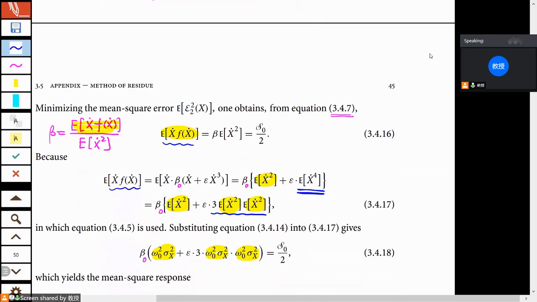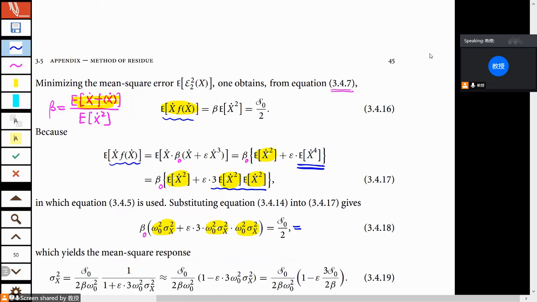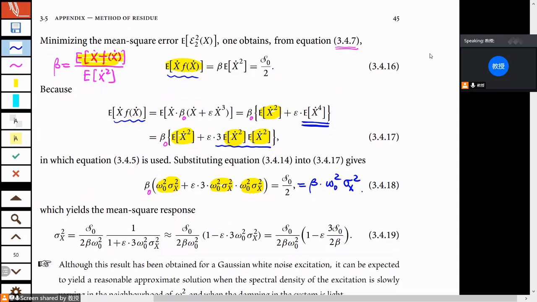So replace S0 over 2 with beta omega 0 squared sigma x squared, and then we can solve for beta. Then beta is equal to beta 0 times 1 plus epsilon times 3 omega 0 squared sigma x squared.